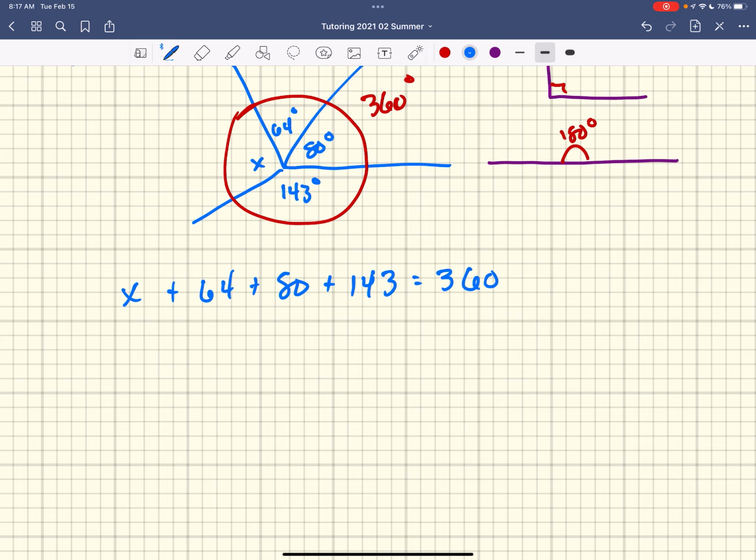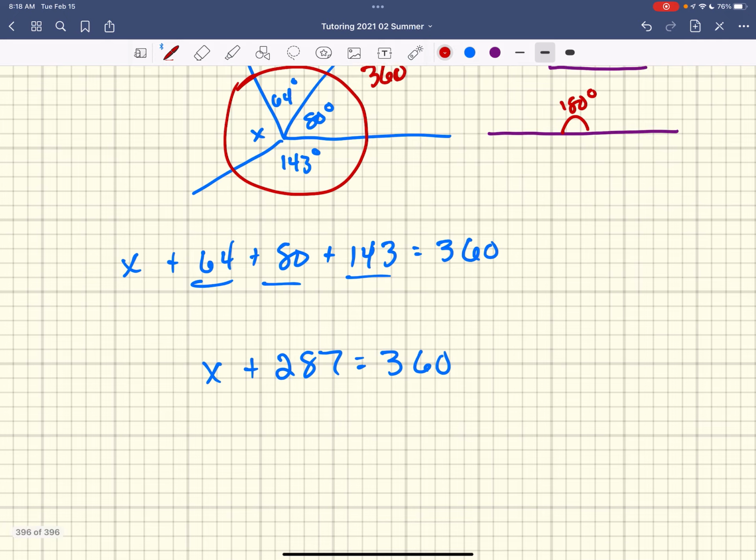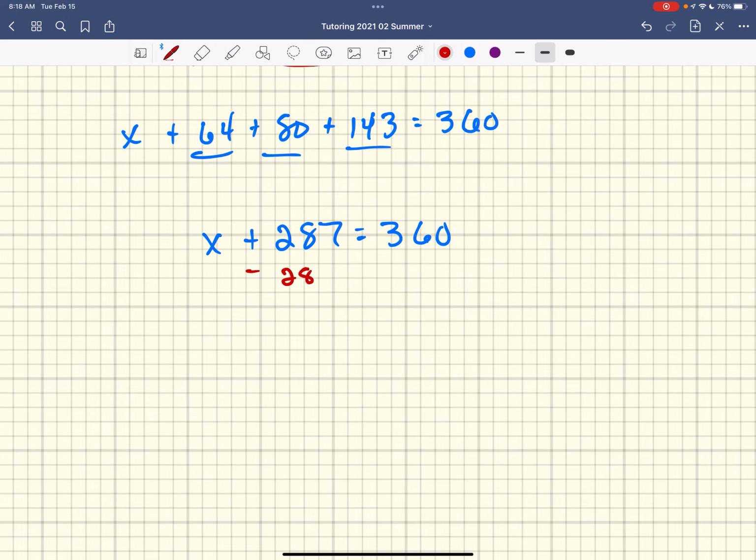And we can now add together our like terms, the numbers here. 64 plus 80 is 144, and 144 plus 143 is 287. So x plus 287 equals 360. And then, of course, this is a simple single-step equation that we can solve by subtracting 287 on each side. 360 minus 287 is 53, I believe, if I've done that correctly.